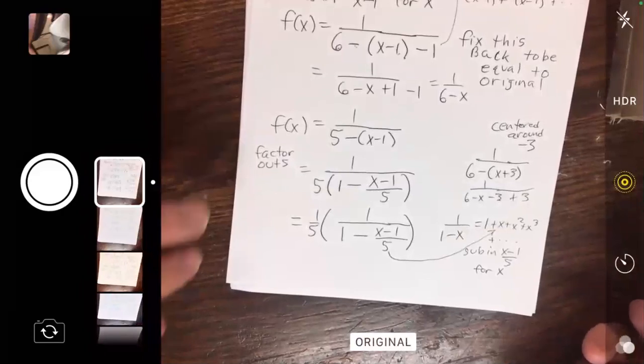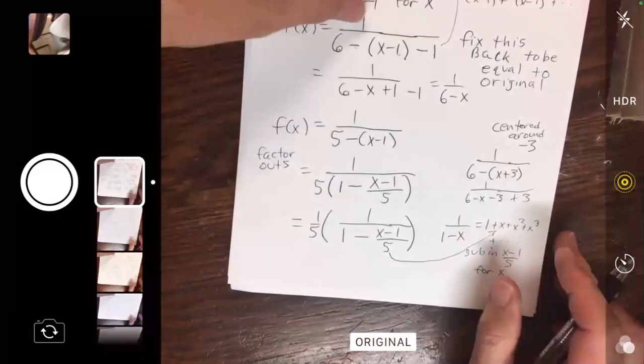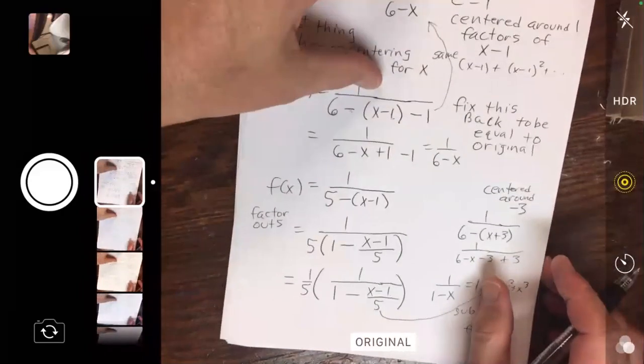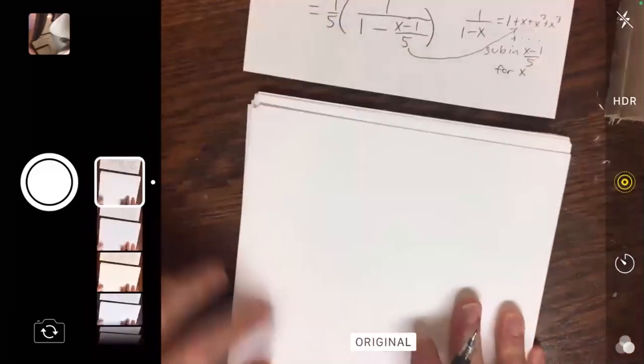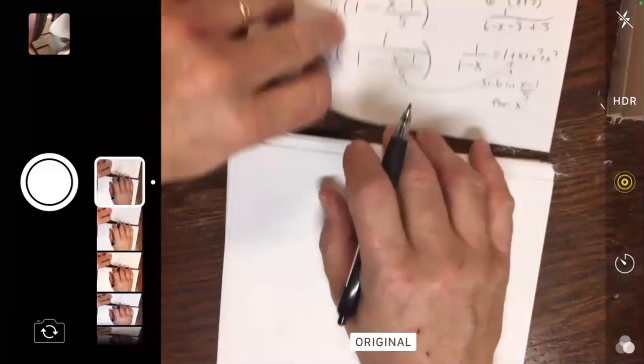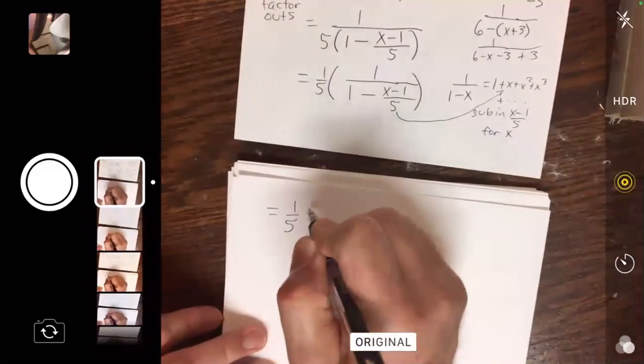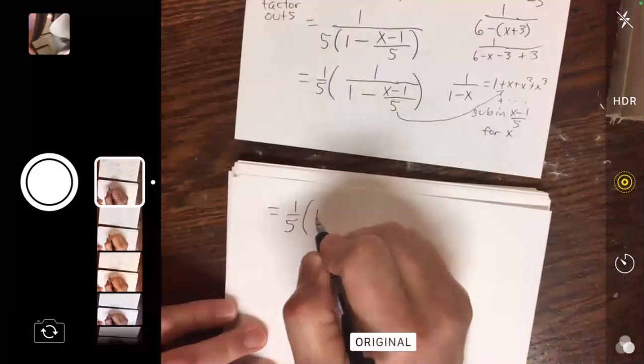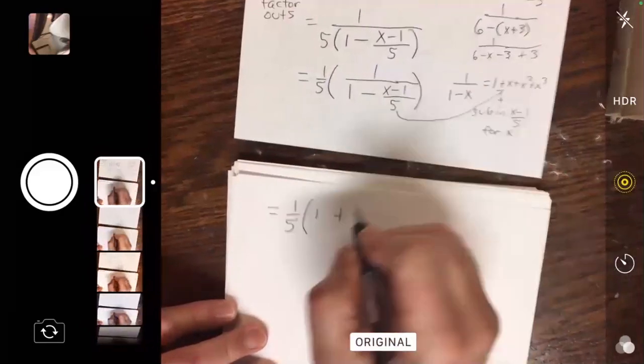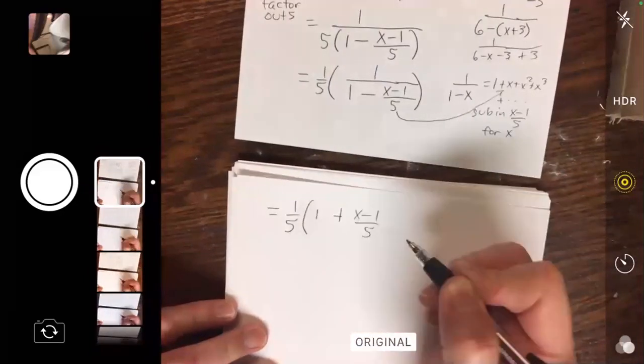Are we ready to write that down? So I'd wind up with 1/5 times 1 plus, for the x here, x minus 1 divided by 5.